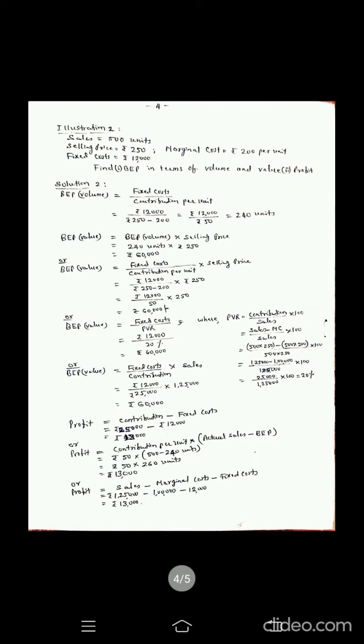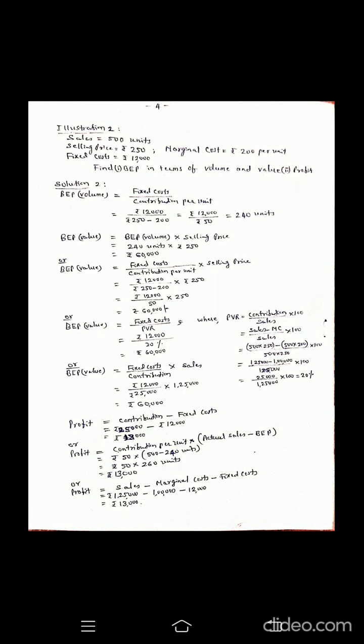Now, the concept of break-even point and concept of PV ratio can be understood with the help of an illustration. In illustration 2, we are required to compute break-even point in terms of volume and value, and we are required to compute profit.